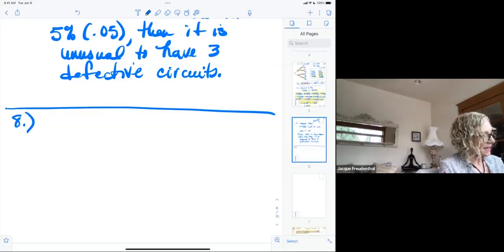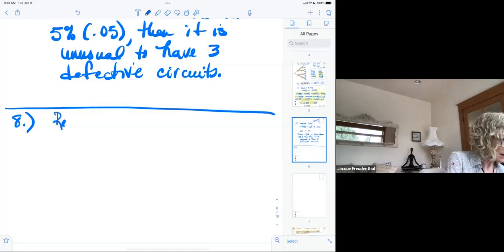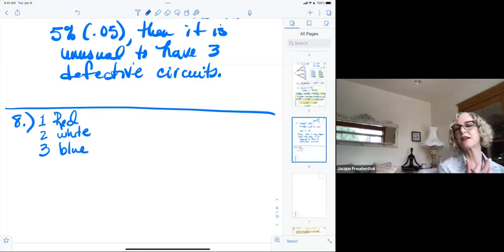A 6-sided die has 1 face painted red. Okay, so 1 is red, 2 are white, and 3 faces are blue. So you imagine what a 6-sided die looks like. 1 side is red, 2 sides are white, and 3 of the sides are blue.